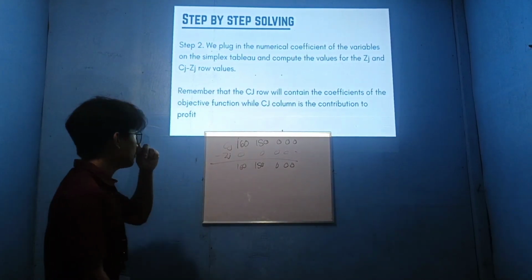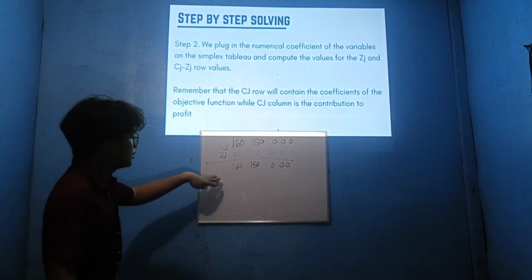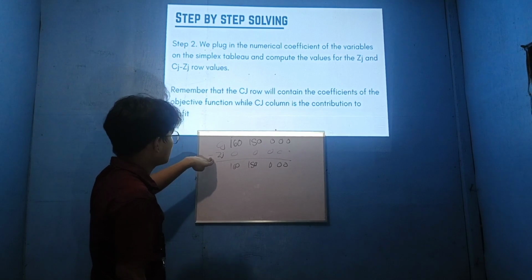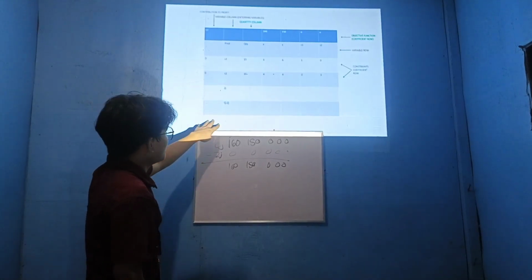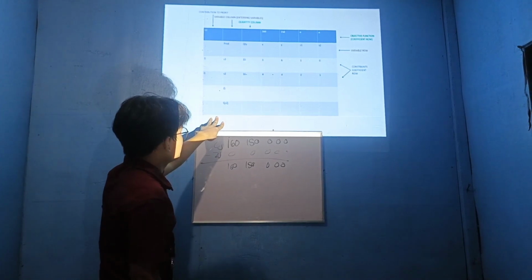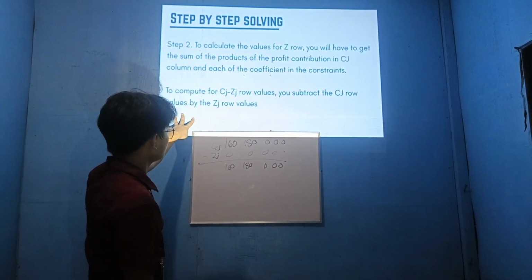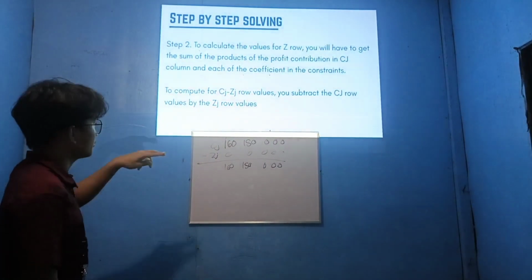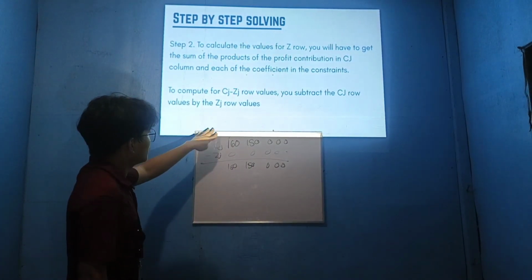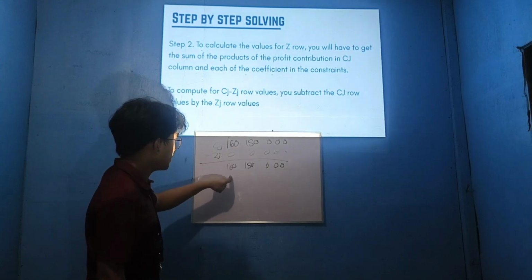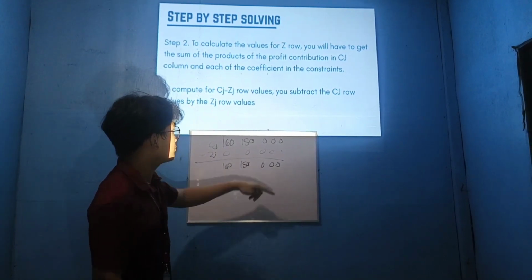In the simplex table 1, it shows the cj minus zj row. To compute the values, you subtract the zj row values, and we got 160, 150, 0, 0, 0.